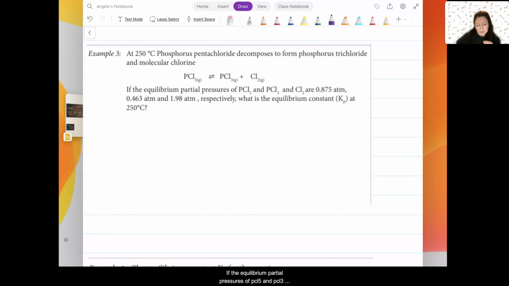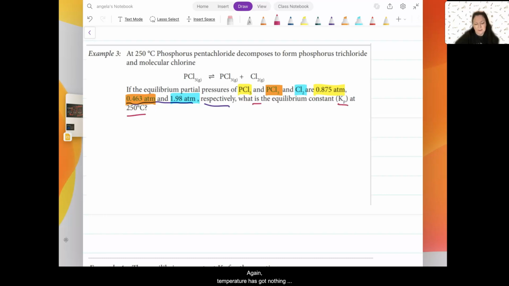If the equilibrium partial pressures of PCl5 and PCl3 and Cl2 are 0.875 atm, 0.463, and this, respectively, that means that the first species listed is the first number, the second species listed is the second number, and the third species is the third number. Okay, that's what that means. What are the equilibrium constants? What is the equilibrium constant Kp at this temperature?